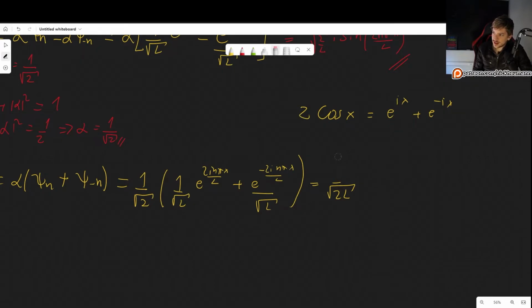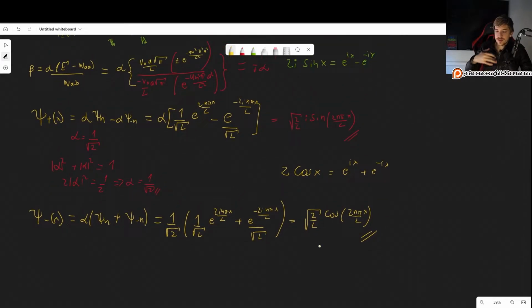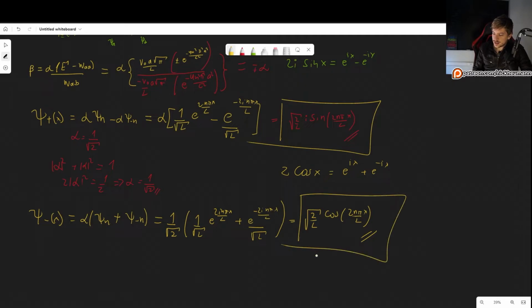So this thing is twice cosine of 2n pi x over L. And of course, 2 divided by the square root of 2 is square root of 2. And there we have it. So this is the other solution. So basically our two good states are these.